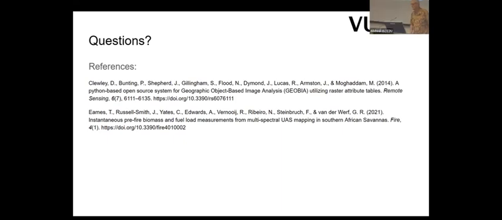How confident? I would hesitate to put a number on it, although I would say that probably we're working with between 20 to 30% error margin for biomass measurements on a 20-meter scale.